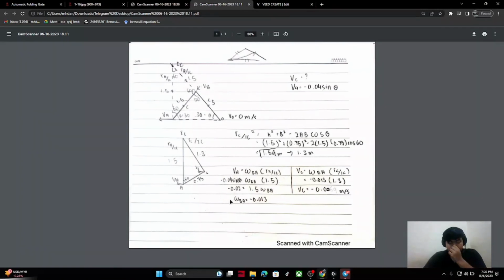As I calculate, I get omega BA is negative 0.013. Then I substitute into the VC equation, which is VC equals omega BA times RCIC, and I get negative 0.02 meter per second as my final answer for VC.